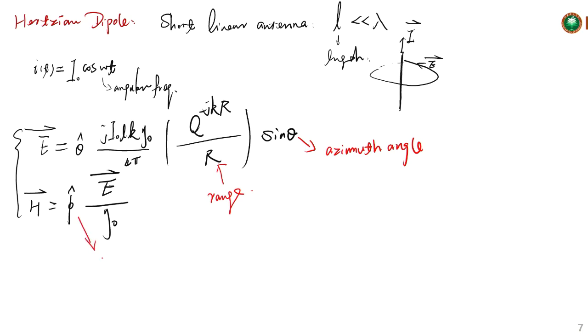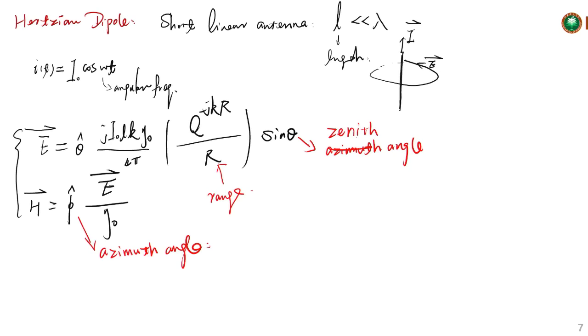So we need to calculate or analyze the electromagnetic waves in a spherical coordinate system.